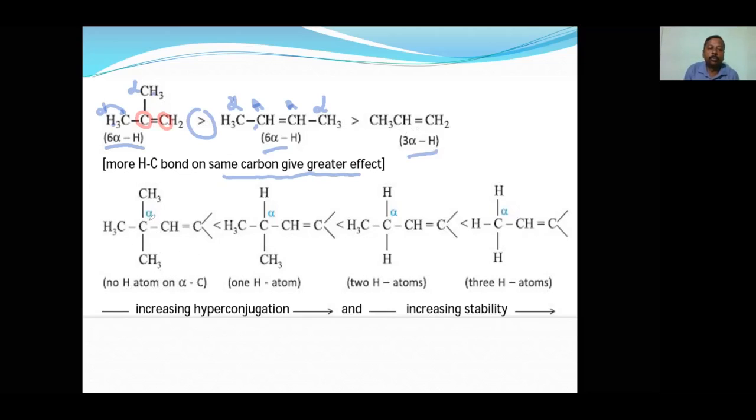Here there is no use at all. This is an active carbon, this is an active carbon, this is the alpha carbon, but no alpha hydrogen at all. Therefore, it is least stable. Here one alpha hydrogen, here two alpha hydrogens, here all alpha hydrogens. So identifying alpha hydrogen is now clear. More alpha hydrogens, more will be stability, and less will be reactivity.